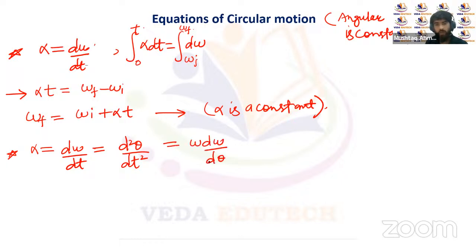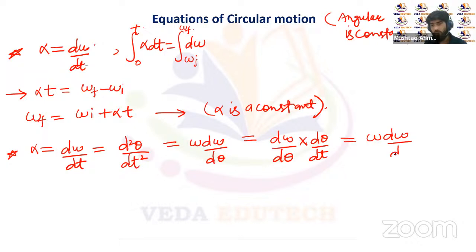It can be written this way: d omega upon d theta, multiplied by d theta upon dt, and d theta upon dt we can write as omega. So we arrive at the equation omega d omega upon d theta.